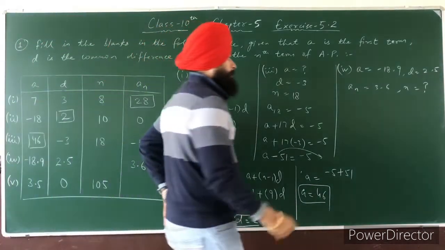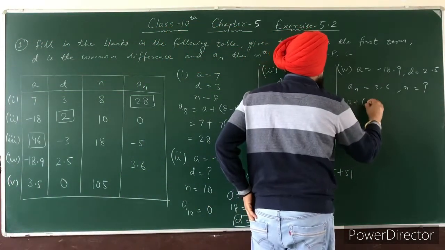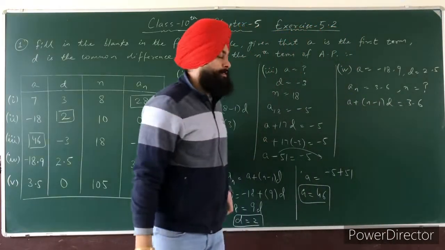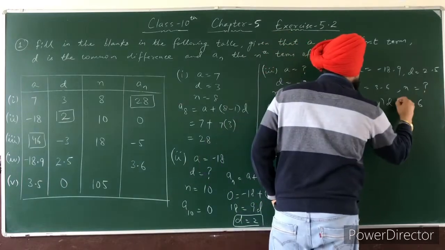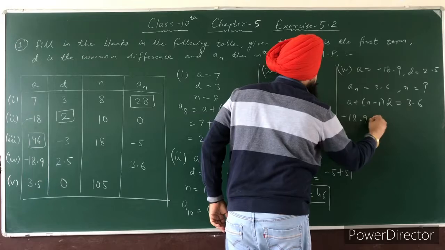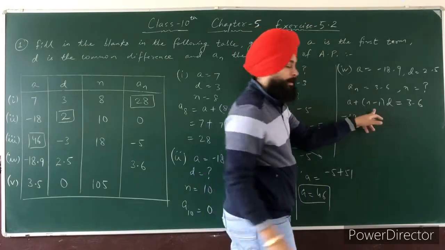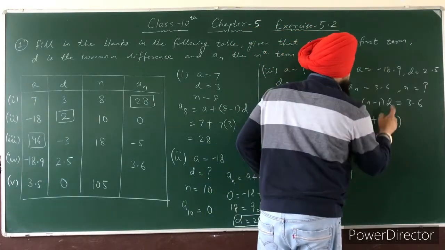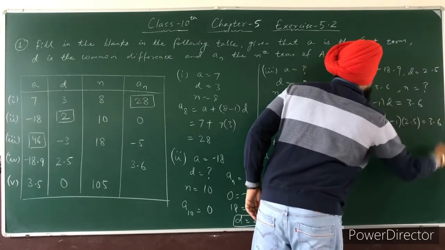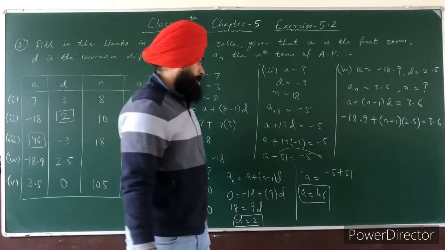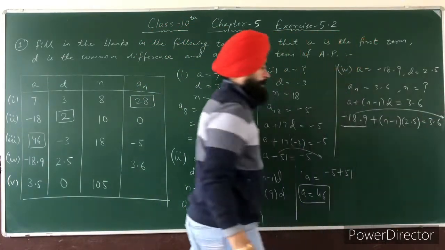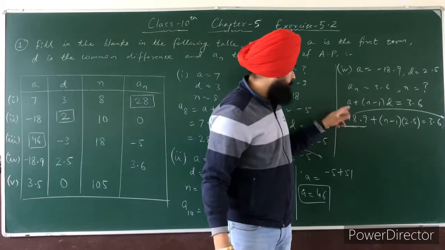So now a_n is a plus (n minus 1) into d. Its value is how much? 3.6. Now what is a? a is minus 18.9 plus (n minus 1). So n is missing. d is 2.5, is equal to 3.6. Now first take this minus 18.9 on the right side, so this sign will change. It is plus.